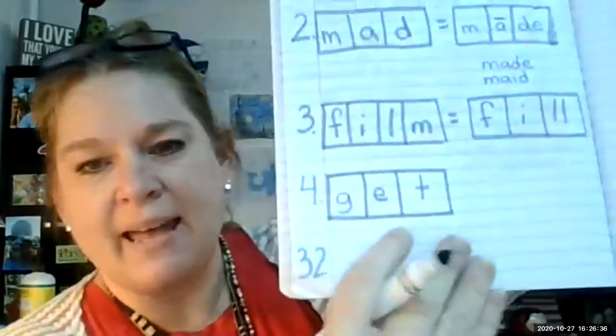The first sound I hear is g, and I know that is the letter G. Eh, like egg or elephant. That's the letter E. Then t, and that's the letter T. I have the word get.